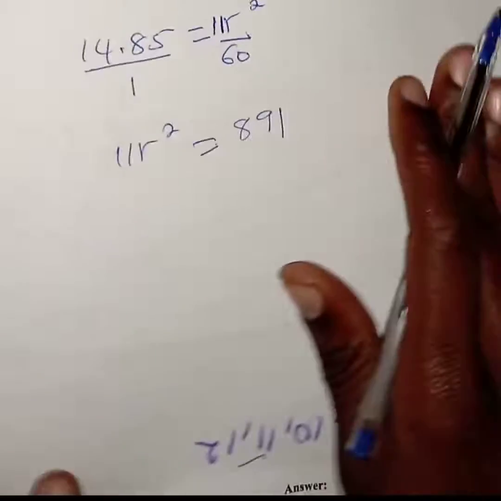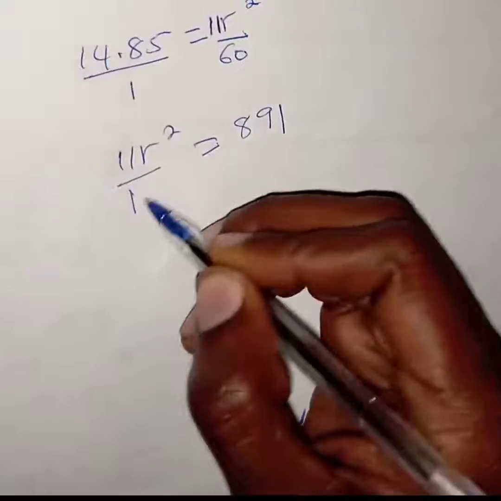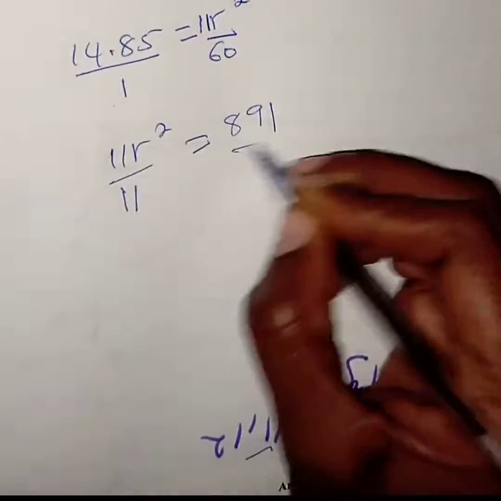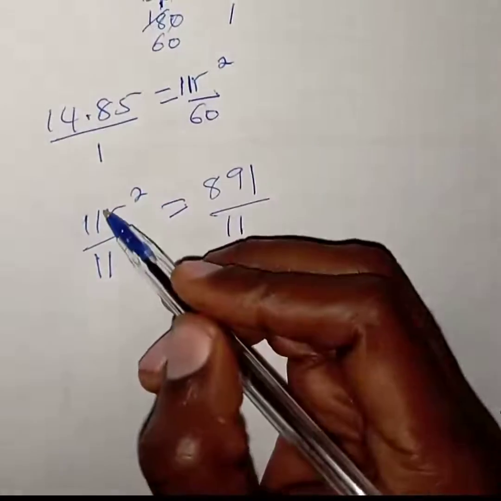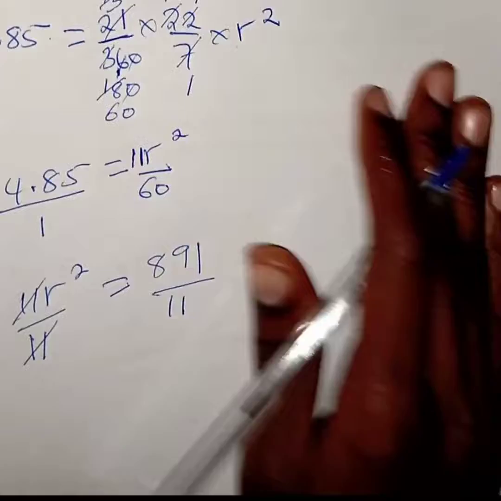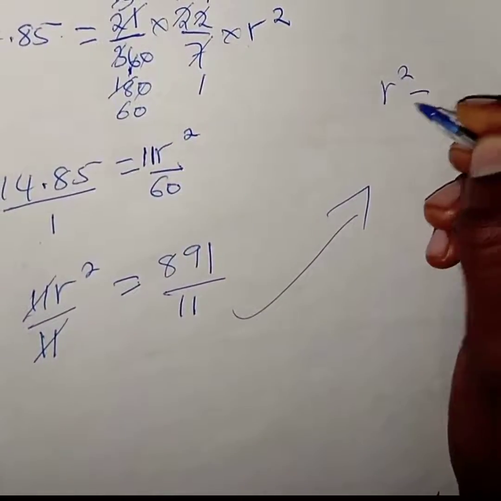So now remain with r squared. You divide both sides by 11. So the 11 cancels. It means r squared remains.